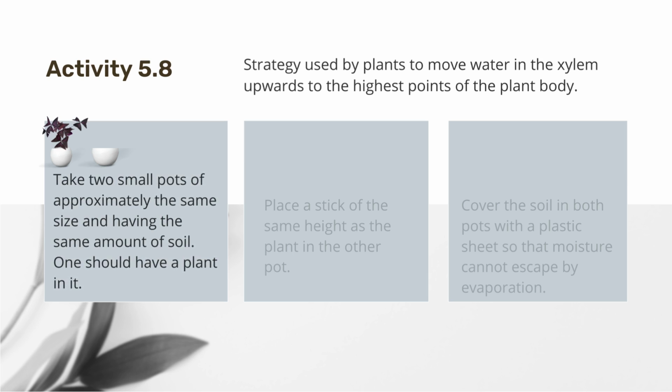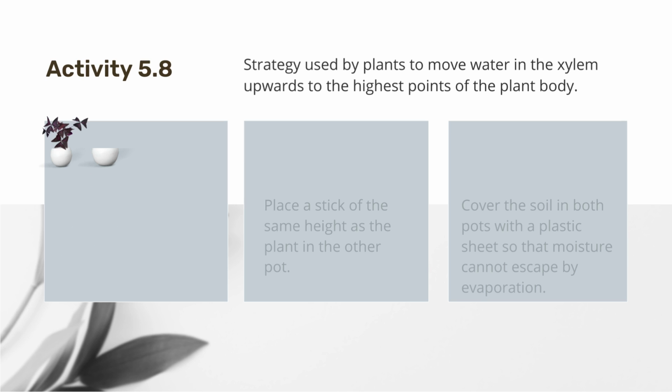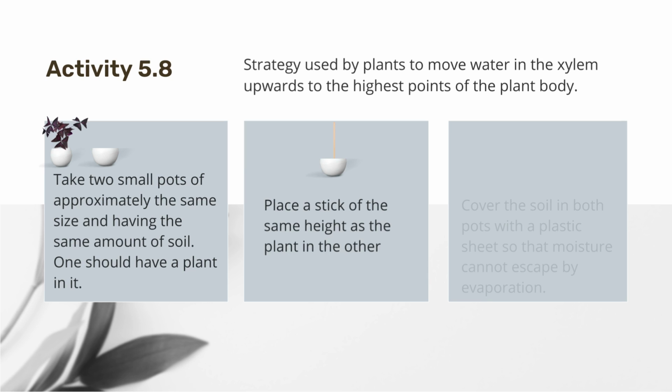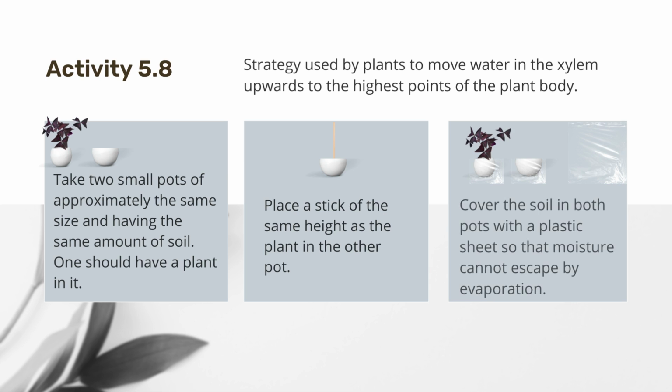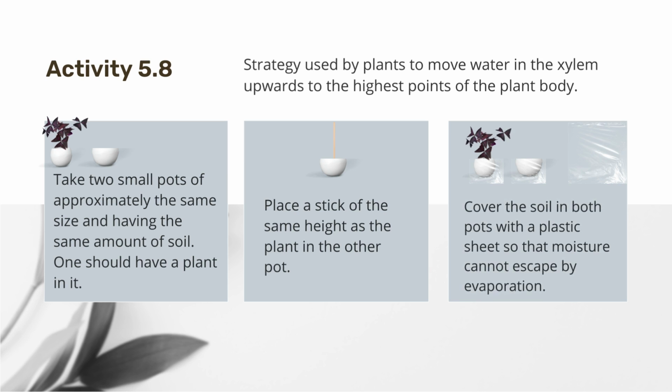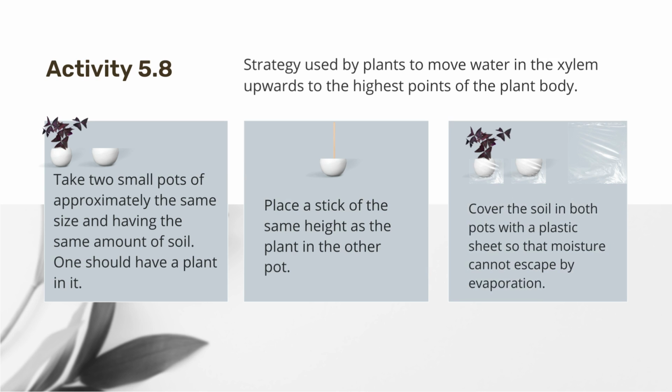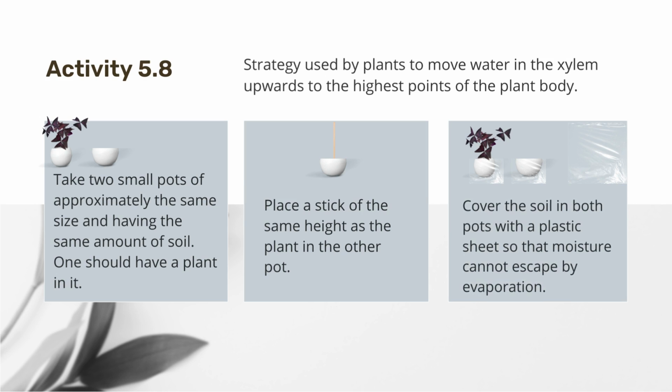Let's take two small pots of approximately the same size and having the same amount of soil. Now, one should have a plant in it. Now, place a stick of the same height as the plant in the other pot. Now, cover the soil in both pots with a plastic sheet so that moisture cannot escape by evaporation.